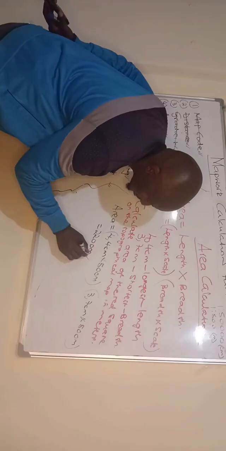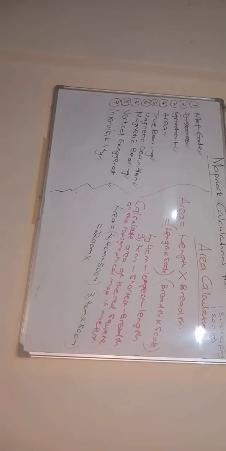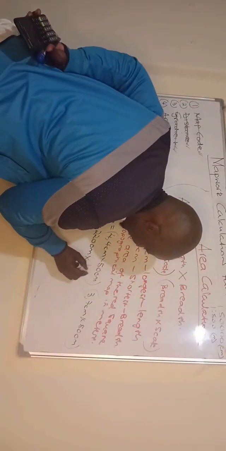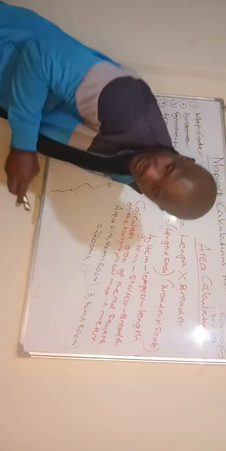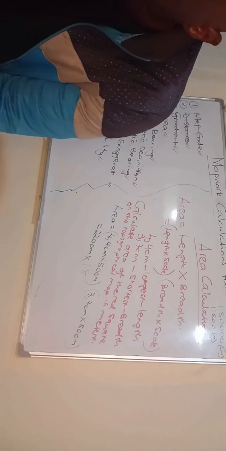Let's multiply our breadth now. 3.7 multiplied by 500. What do we have? We've got 1,850.